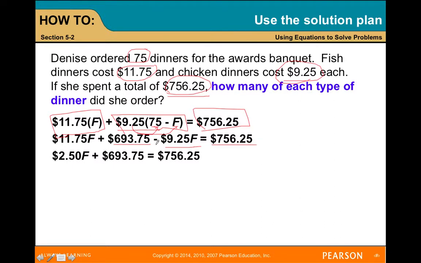So now we have to isolate, and we do that by getting rid of $9.25 F, and then when you subtract it from this side, you're left with $2.50 F plus $693.75 equals $756.25. We're still bringing that down. $2.50 F equals $62.50.